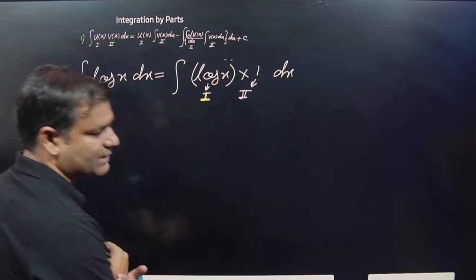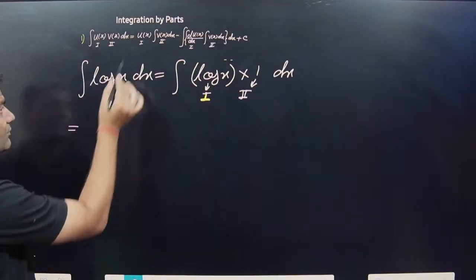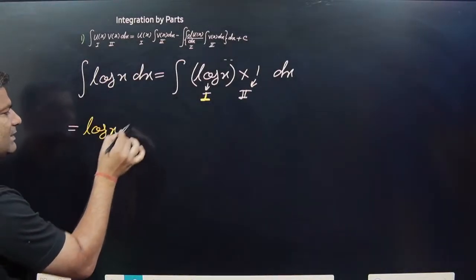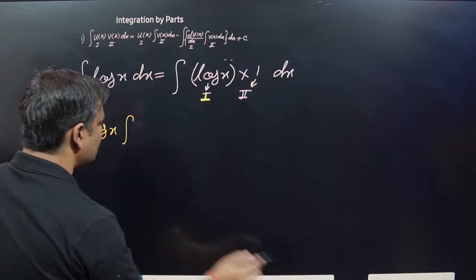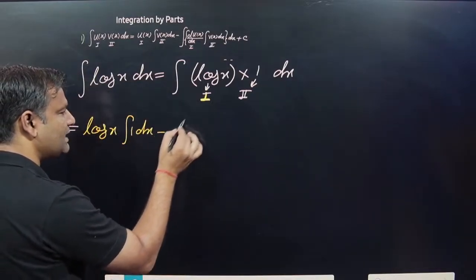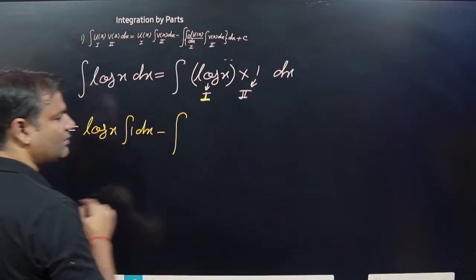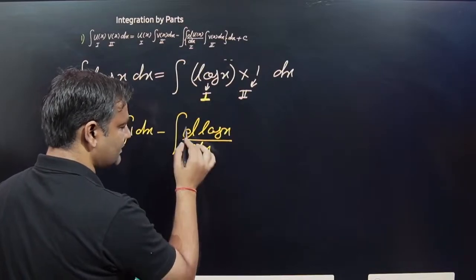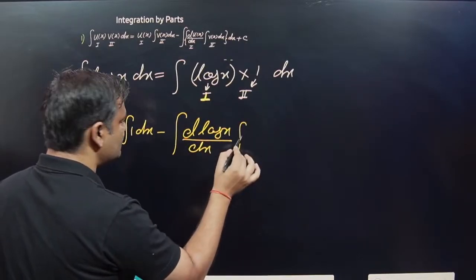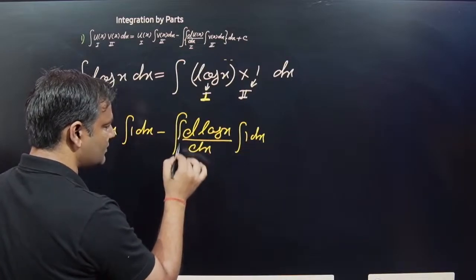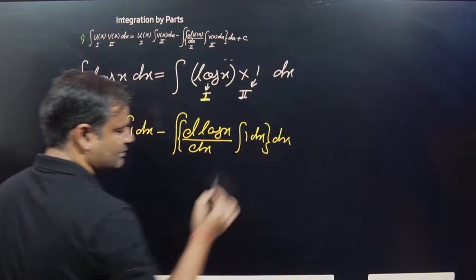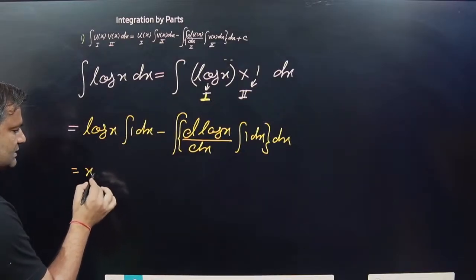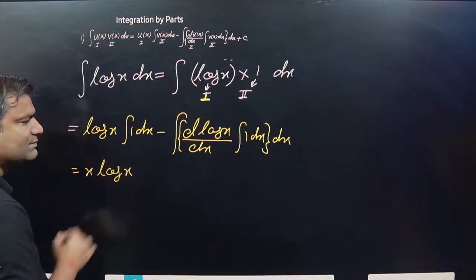If this is taken as the first function, then according to the formula, log x into the integration of 1 dx, minus the integral of the differentiation of log x with respect to x into the integration of 1 dx, whole dx. Now the integration of 1 is x, so simply x into log of x.